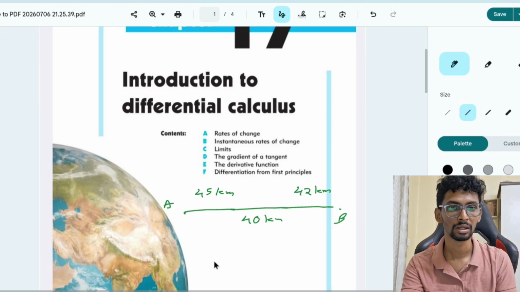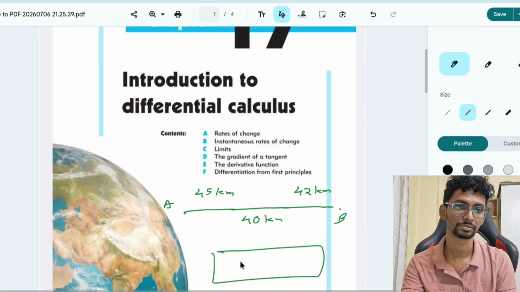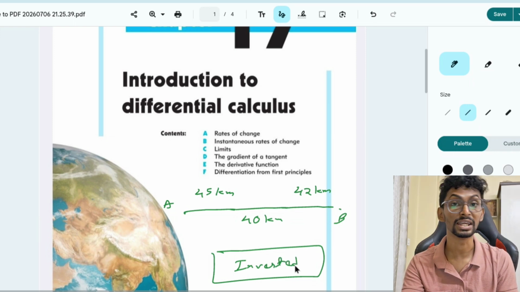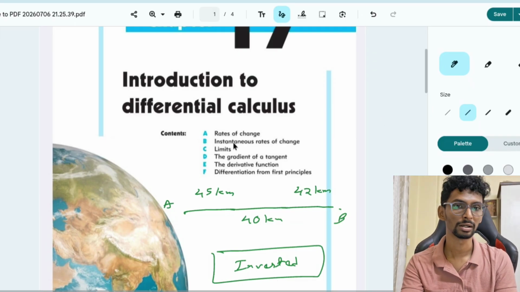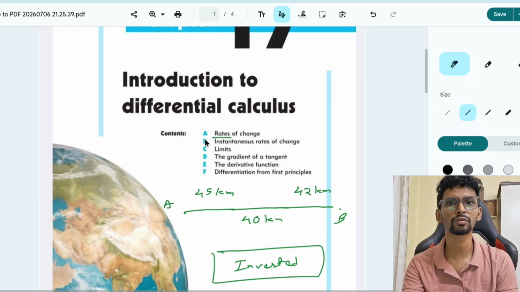Suppose, for example, you invested some money. How your money is increasing, at what rate, that we can calculate. So rate means you can say a comparison of two quantities.